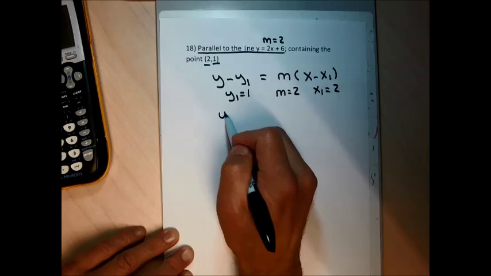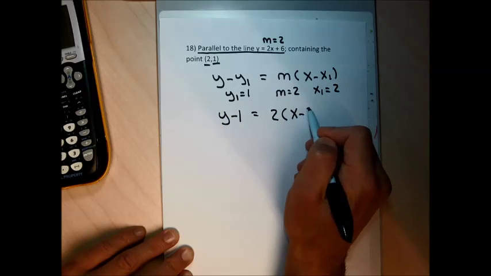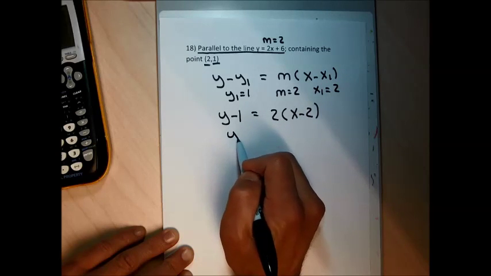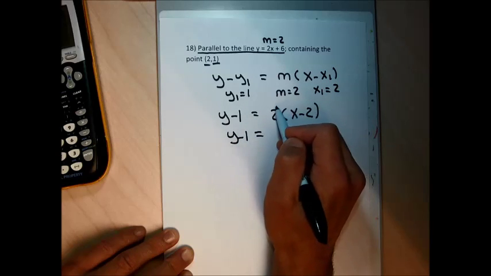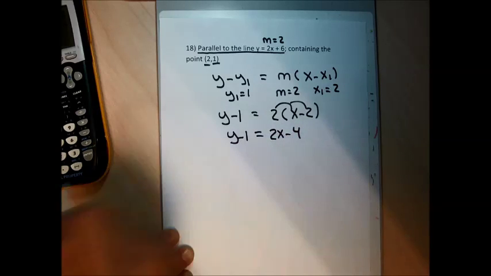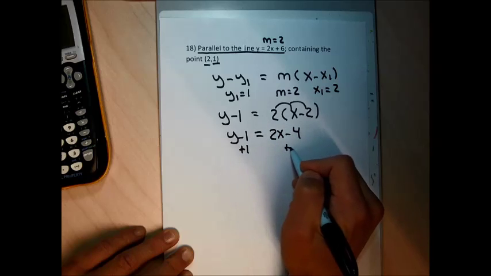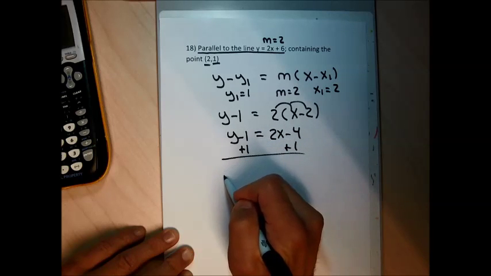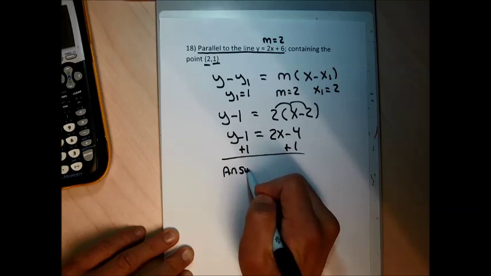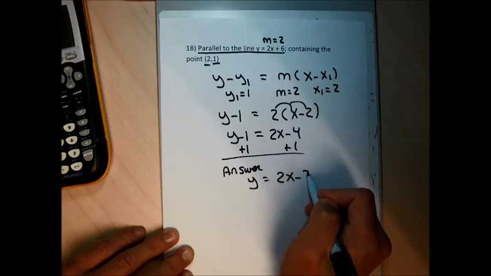I'm going to go y minus 1 equals 2 times x minus 2. I'm going to clear the parentheses on the right-hand side by going 2 times x and 2 times minus 2. That will give me y minus 1 equals 2x minus 4. And then I'm going to add 1 to both sides and get my answer of y equals 2x minus 3.